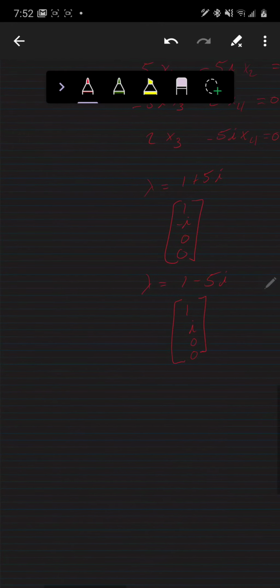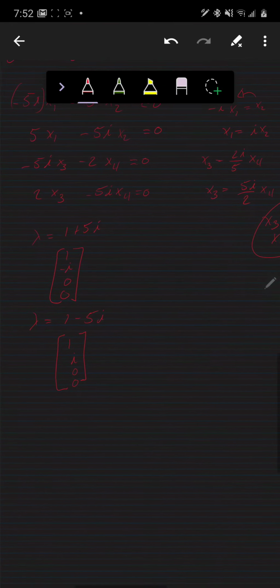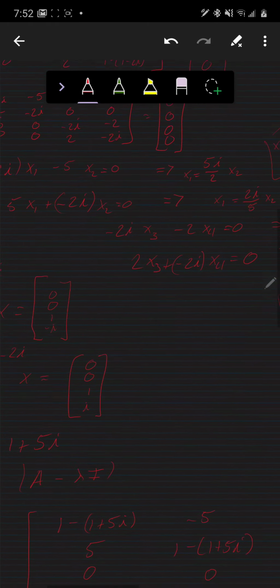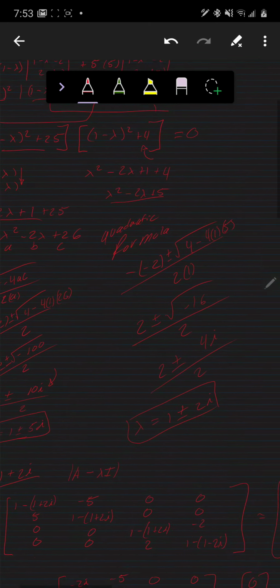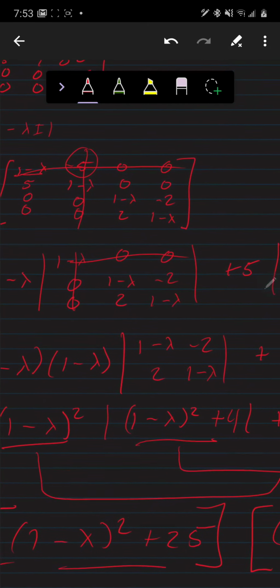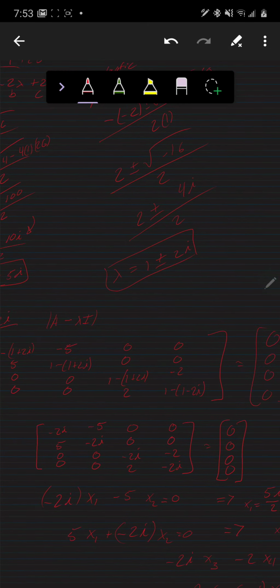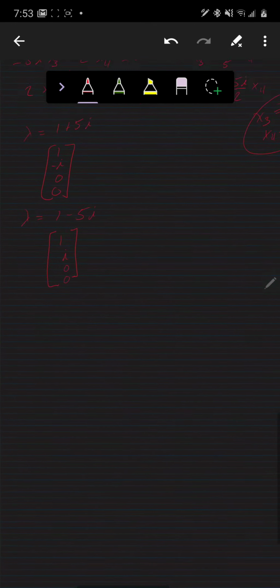Hopefully this helped a bit. Sorry if you cannot see the whole paper. As you may see, I started small and then I ended up with big letters.